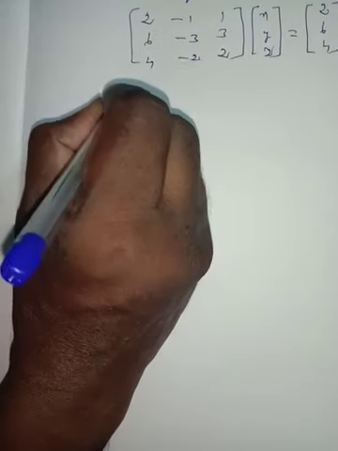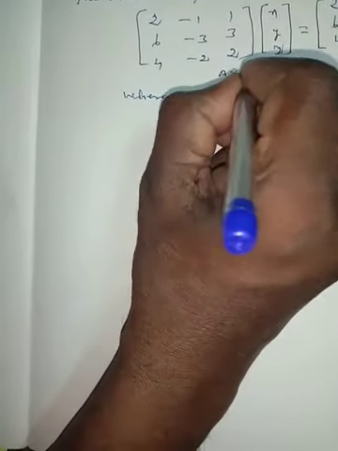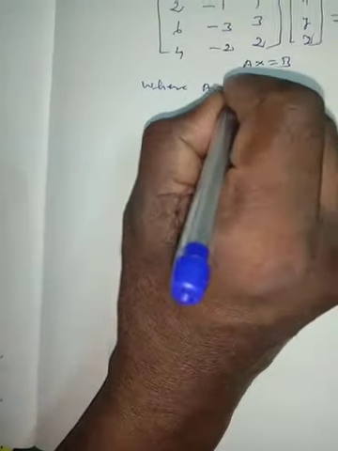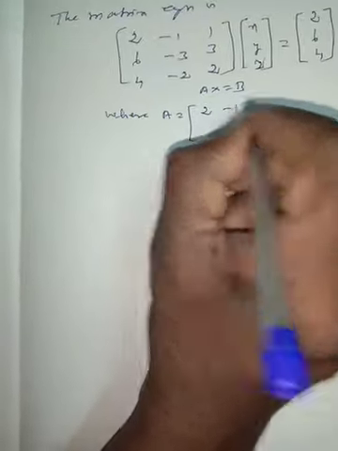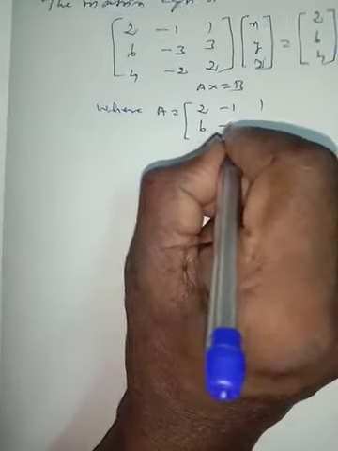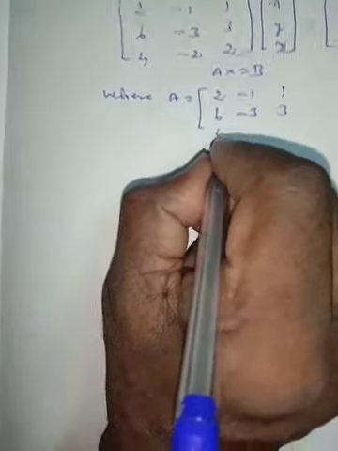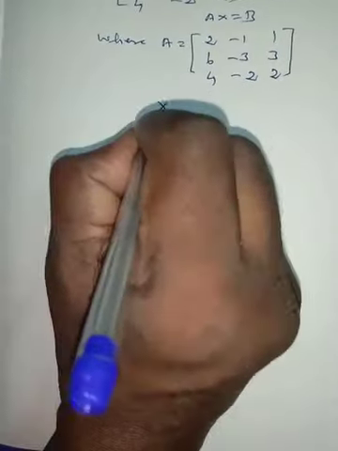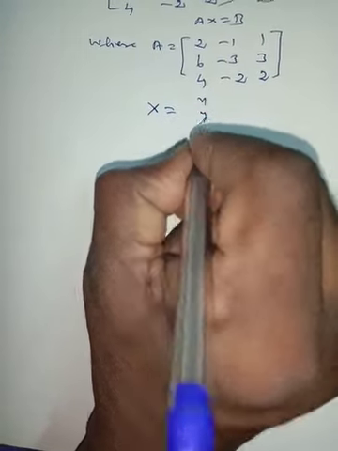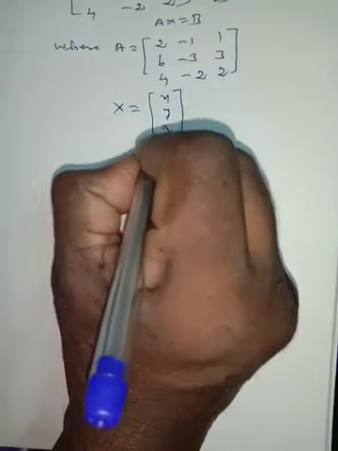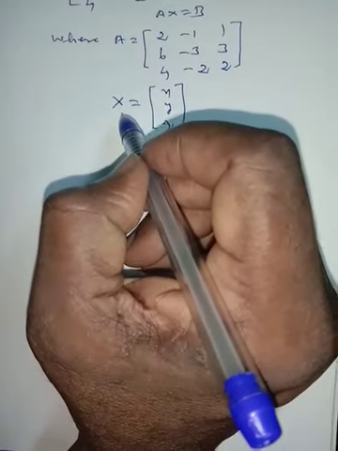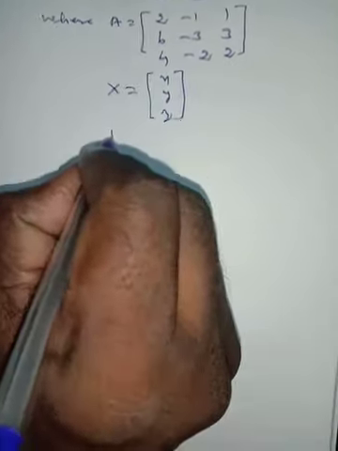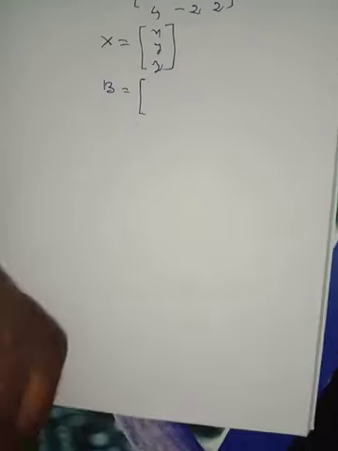AX is equal to B, where A is a 3 cross 3 matrix, X is x, y, z, a 3 cross 1 matrix. B is again a 3 cross 1 matrix, 2, 6, 4.